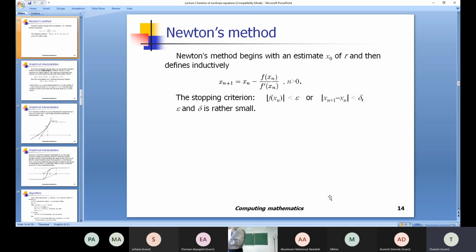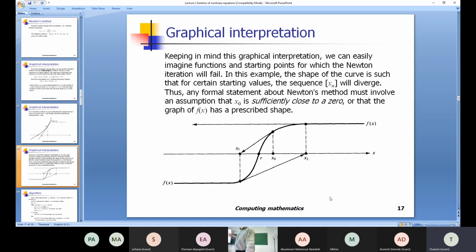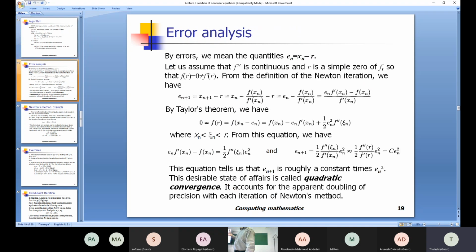But this method, Newton method, is much faster than the bisection method in terms of the error that we obtain after n step of the method.